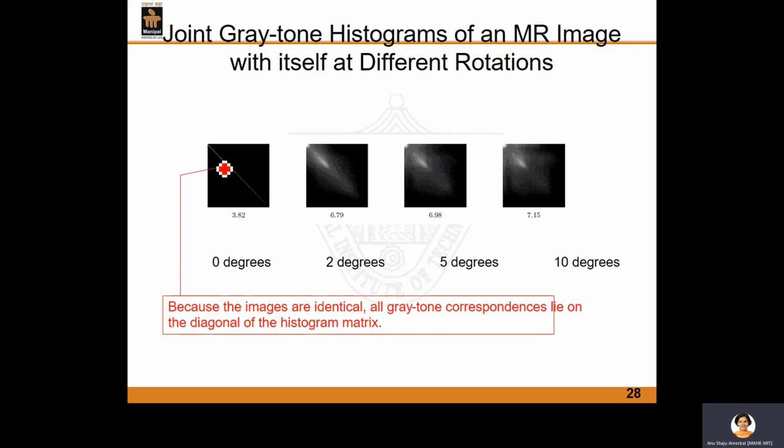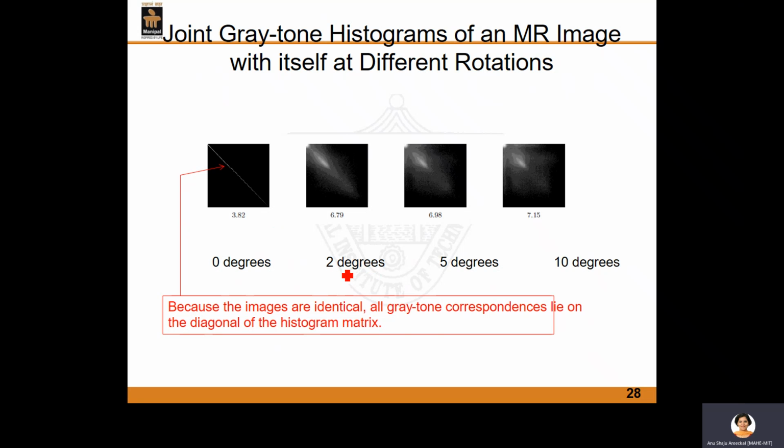In this particular figure, 0 degrees means the two images that I'm considering are identical and exactly the same. So in that case, in the joint histogram, you see that all the non-zero values are exactly along the diagonal.